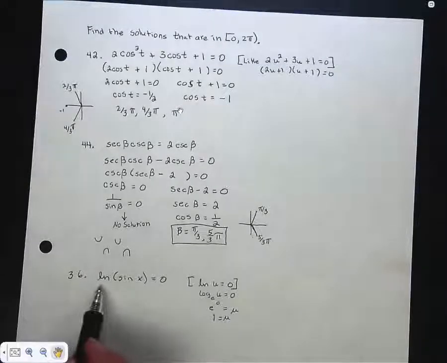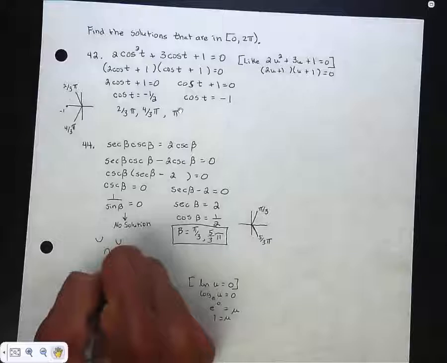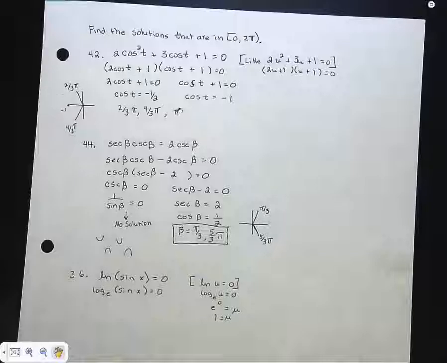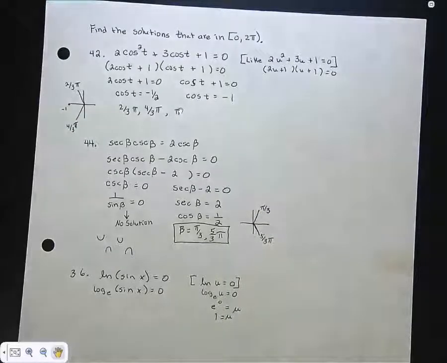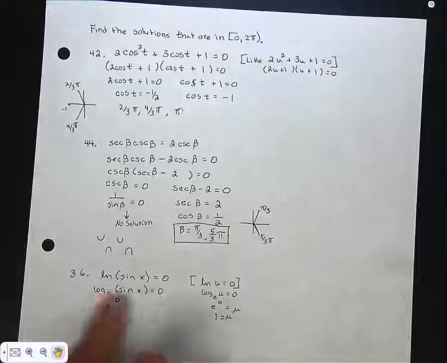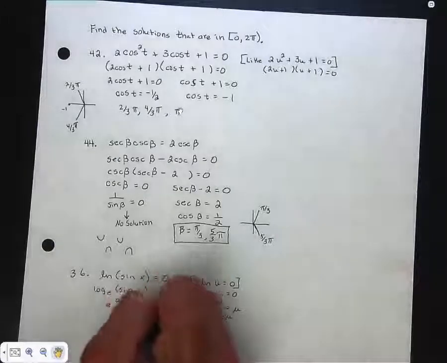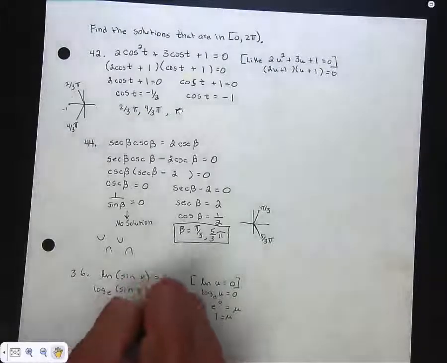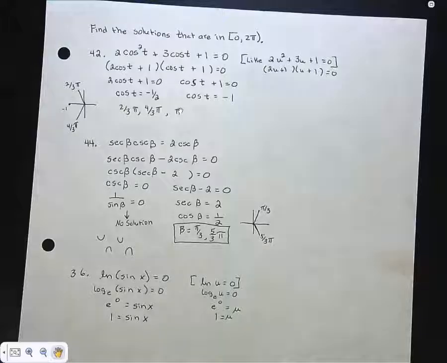I should be able to solve this trigonometric equation the same way. I can say natural log means log base e. And then I can change it to exponential form. In exponential form, the base is e, the exponent is 0, and e to the 0 equals sine x. But e to the 0 is just 1. So where in one revolution of the unit circle is sine 1?